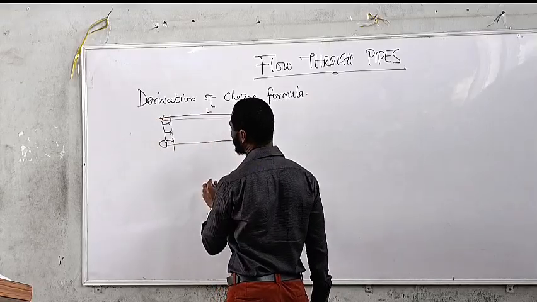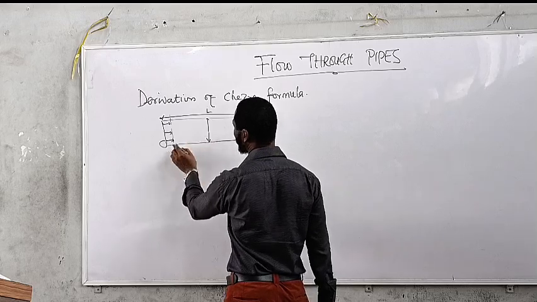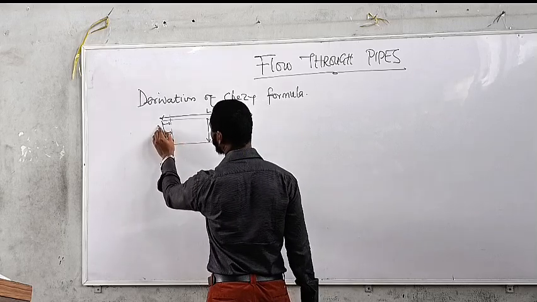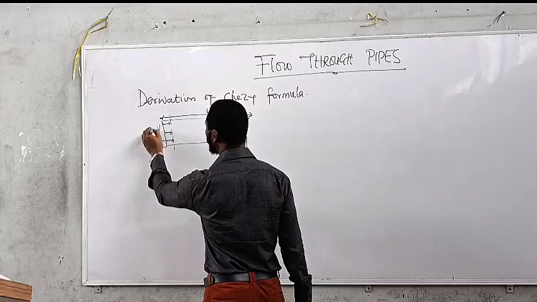This is the pipe length, the pipe diameter, the pipe speed, the pressure.